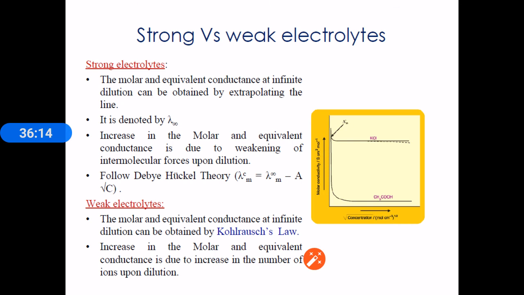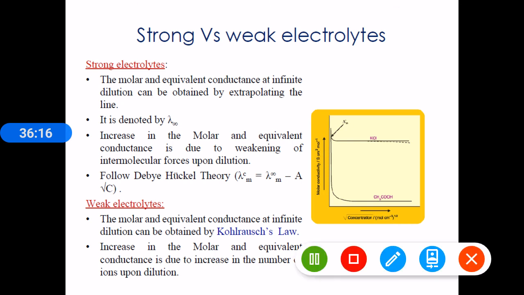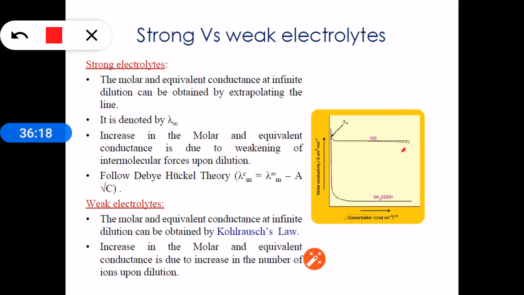Now we obtained a graph like this. For a strong electrolyte, the conductance value is initially high, but it increases very gradually, and at infinite dilution, the conductance value can be obtained by extrapolating the graph.